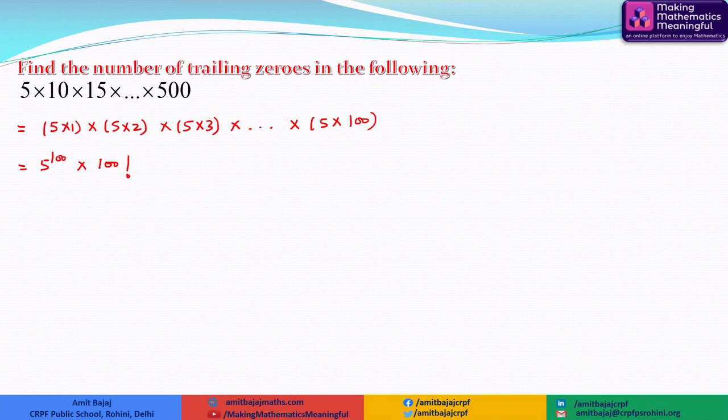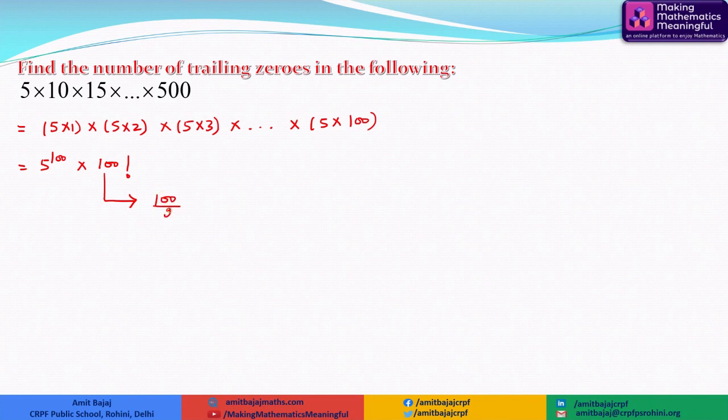Now in this case, we observe that 5's are much more than the multiples of 2's here. So now we need to count the multiples of 2's in 100 factorial.